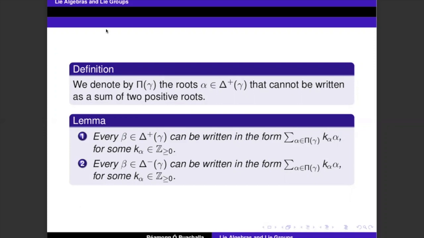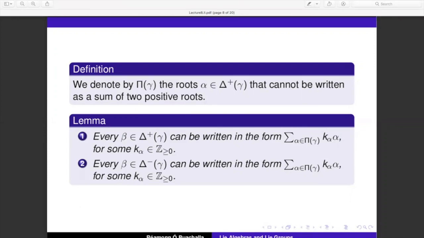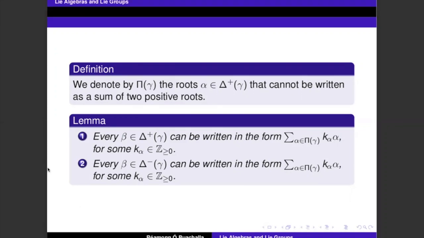First, we claim that any positive root can be written as a positive integer linear combination of elements in our base, and similarly that any negative root can be written with negative coefficients.